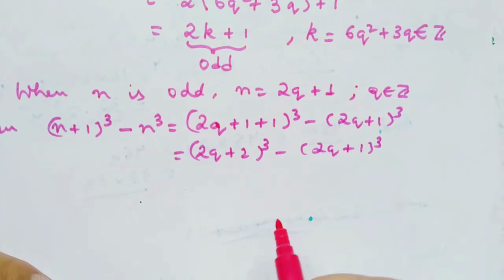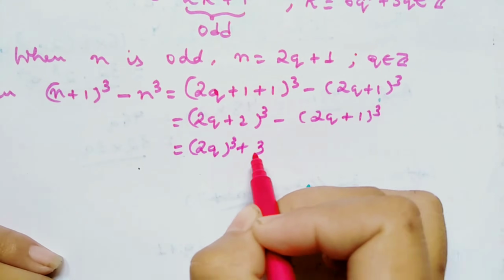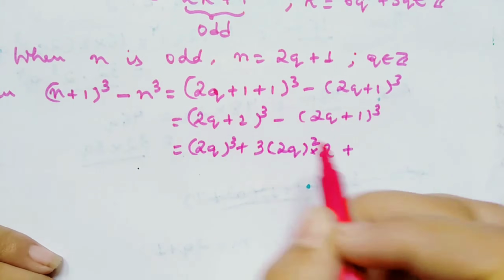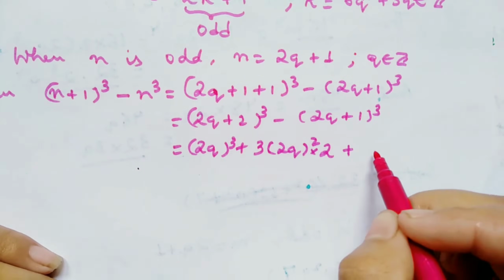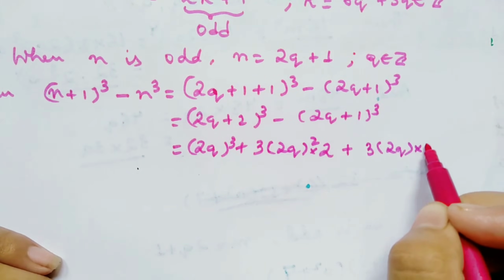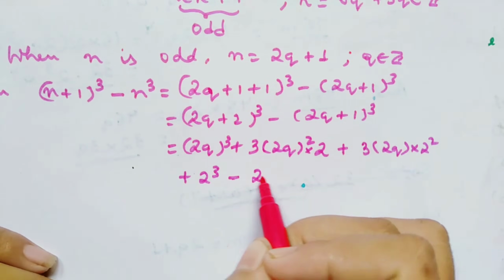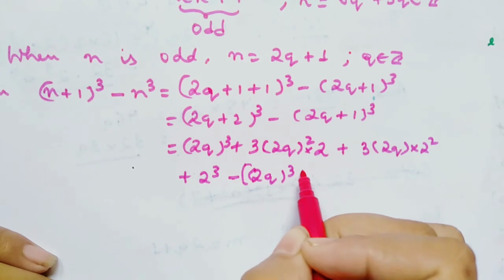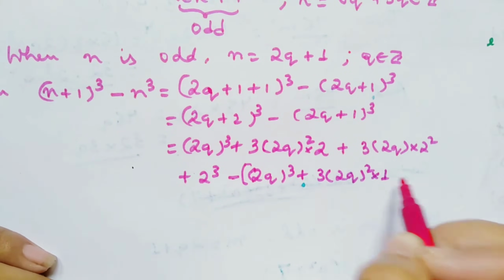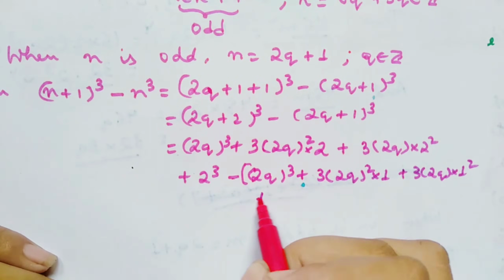Apply the formula (a plus b) cubed. Here we have (2q) cubed plus 3 (2q) squared into 2 plus 3 into 2q into 2 squared plus 2 cubed, minus, we have (2q) cubed plus 3 (2q) squared into 1 plus 3 into 2q into 1 squared plus 1 cubed.